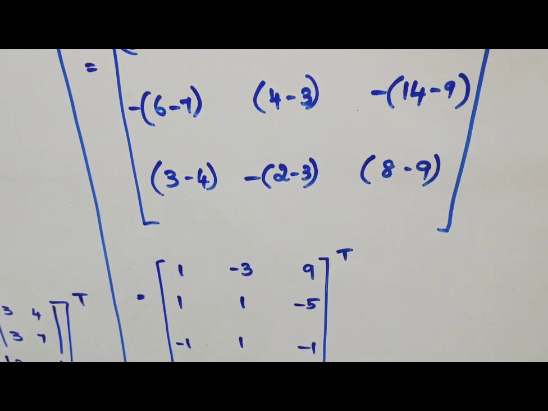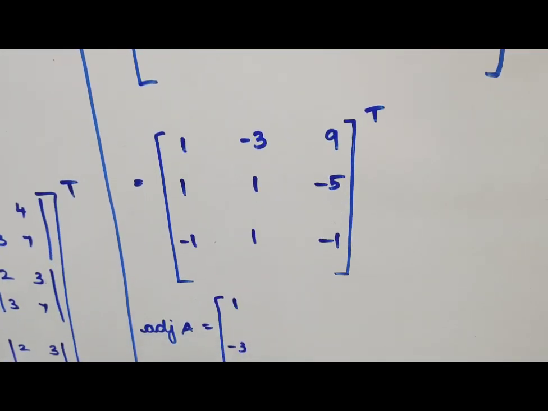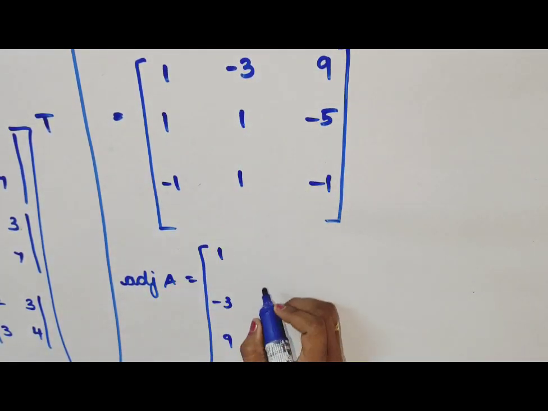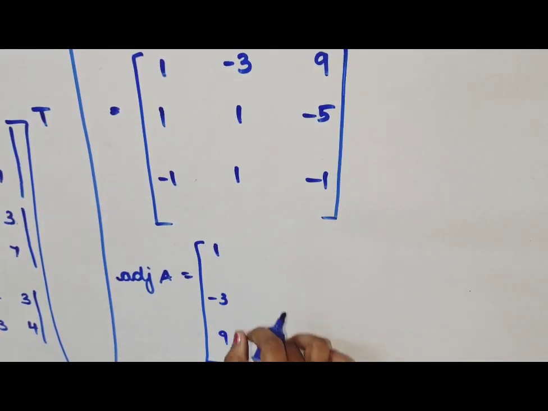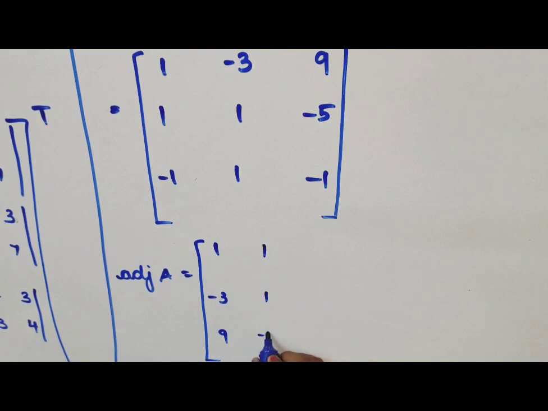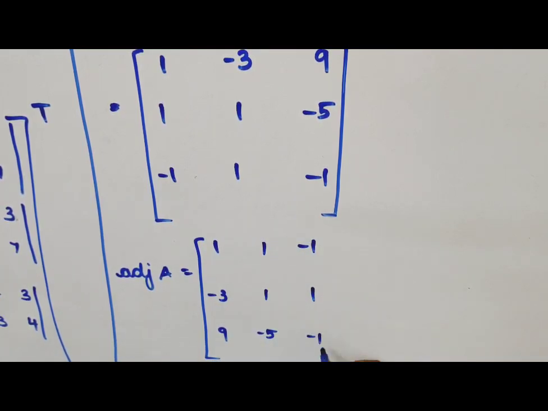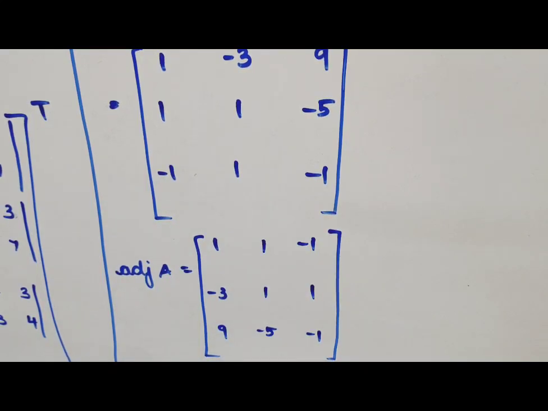Adjoint A equals 1, minus 3, 9. Transpose means row elements we have to write in column wise. Second row will become second column: 1, 1, minus 5. Third row will become third column: minus 1, 1, minus 1. So thus we have found the value of adjoint A.